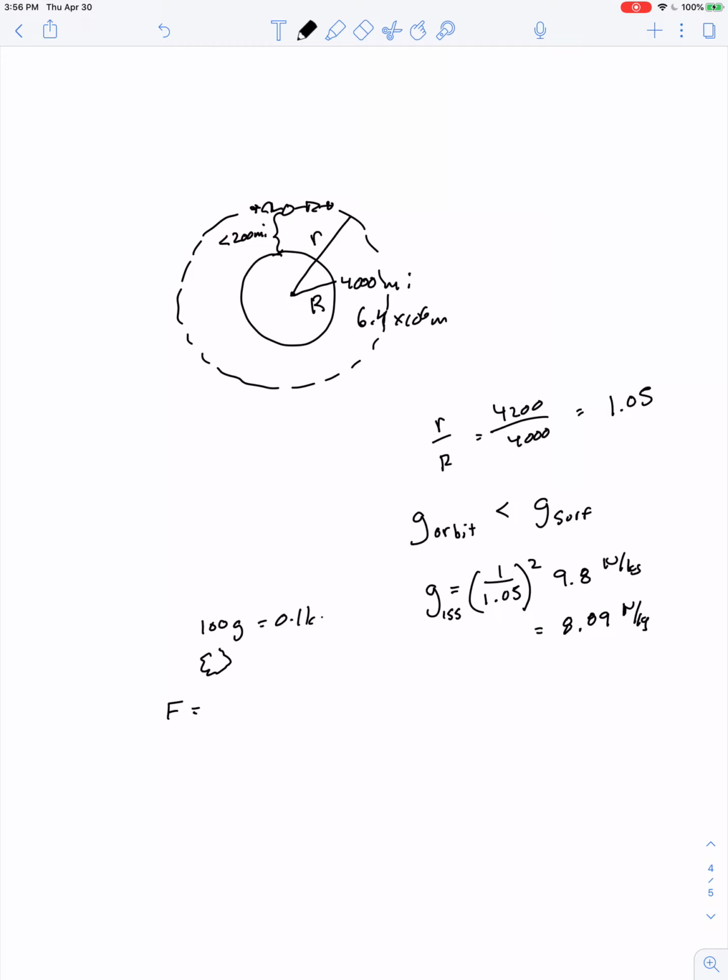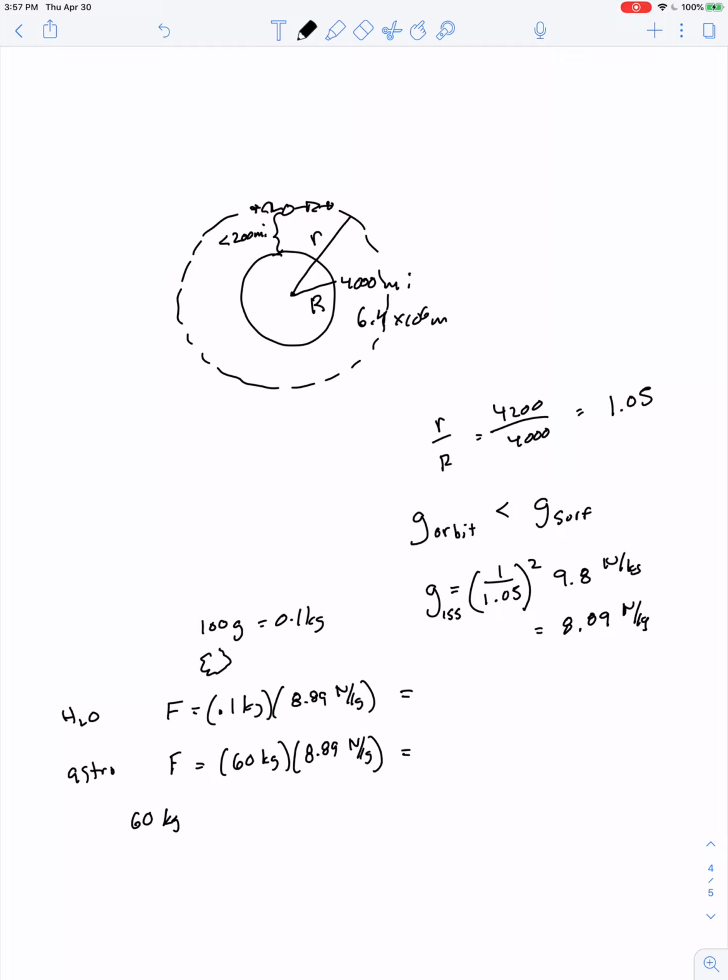That's the same thing as 0.1 kilograms. So its force is 0.1 kilograms times 8.89 newtons per kilogram. And then the astronaut maybe has a mass of 60 kilograms. So the force of attraction with the Earth would be 60 kilograms times 8.89 newtons per kilogram.